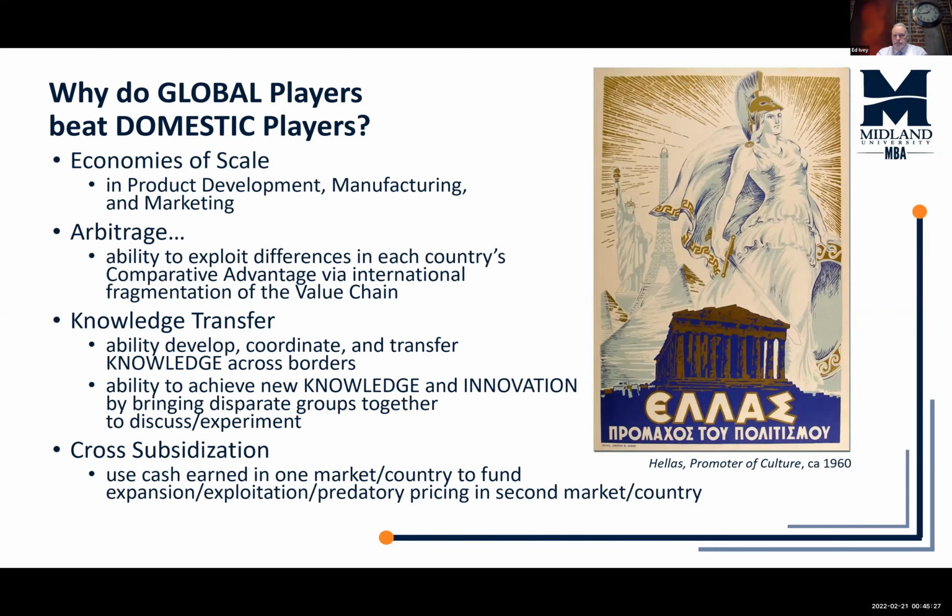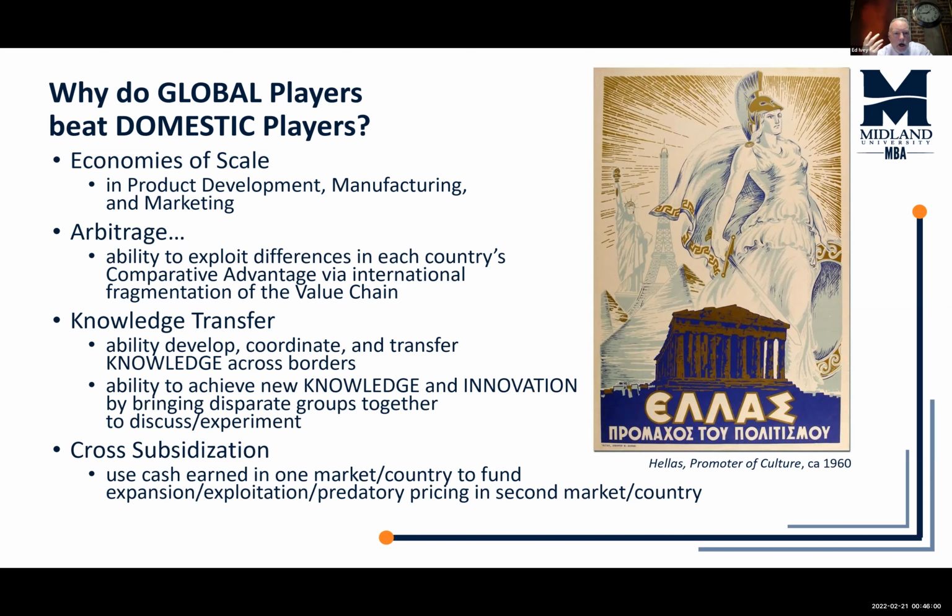And then finally, when we look at the comparison between global players and domestic players, we see that it is the global players that actually beat the domestic players. Why is that so? Generally, those global players can take advantage of economies of scale in their product development, in their manufacturing, in their marketing. And so therefore, their per unit costs can be much lower.